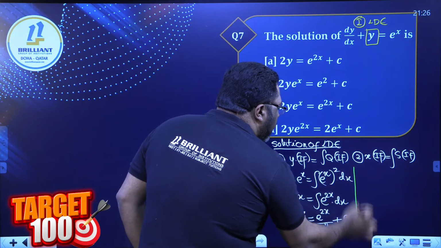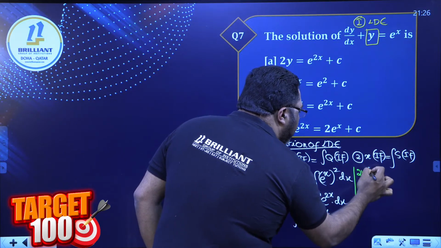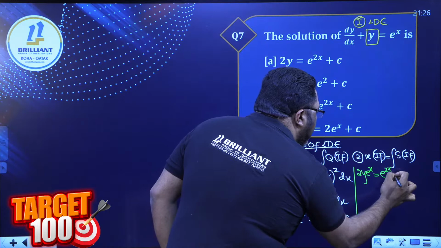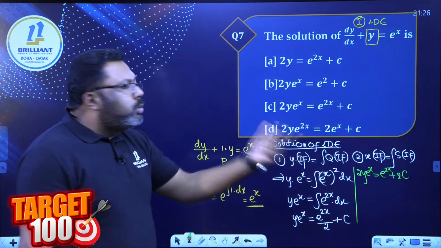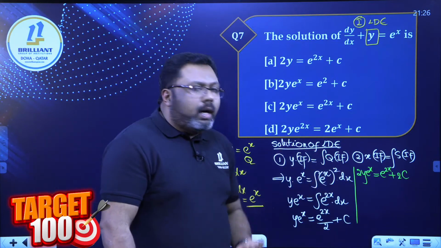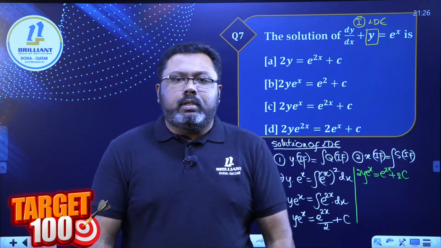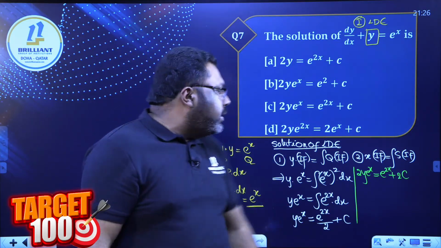C is not a simple thing to handle, but it's an arbitrary constant which has the capacity to be any constant you like. Right now I'm writing it as 2c, but remember, when I multiply 2 to the arbitrary constant, it becomes a new arbitrary constant which can also be called c.